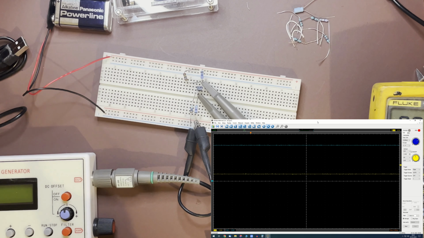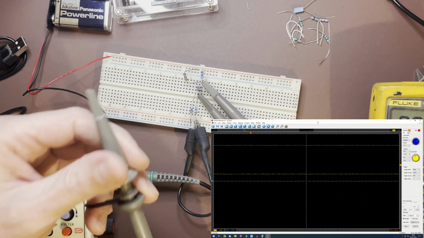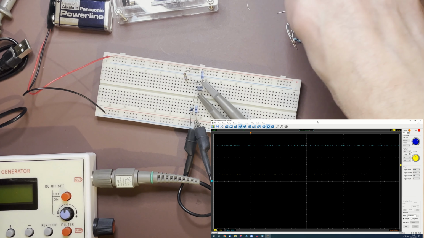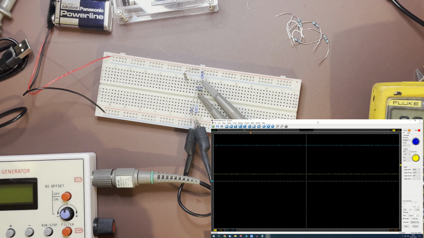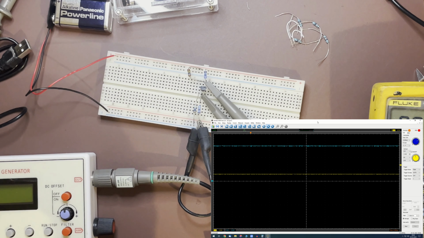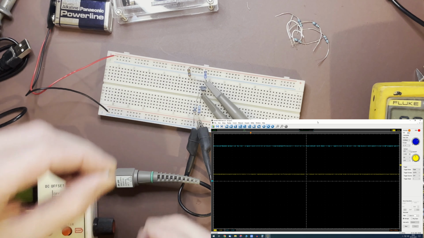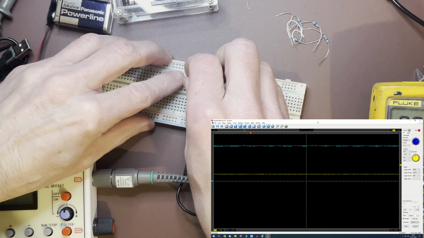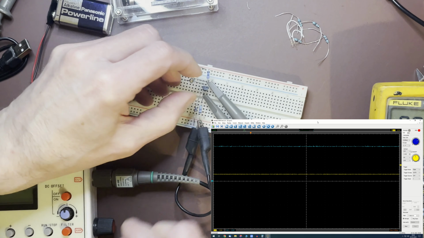Which should be set on ×1, so it's just giving a direct signal rather than going through a very high value resistor. Now, I need a coupling capacitor to the base. Just going to be a little bit fiddly to connect. Go there. So that's going to be the signal input to the base.